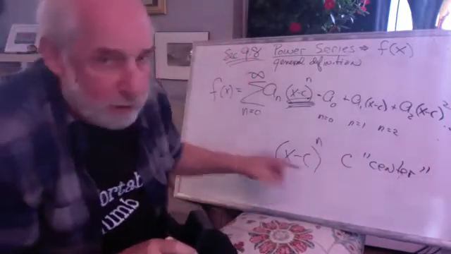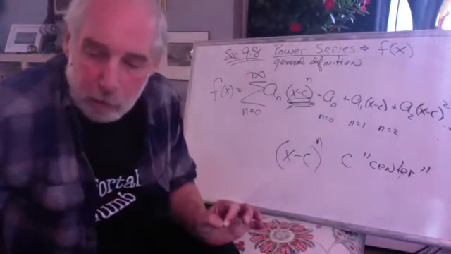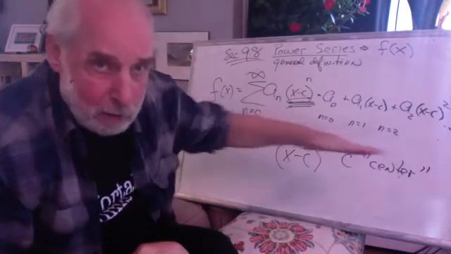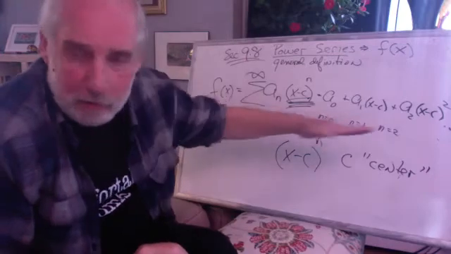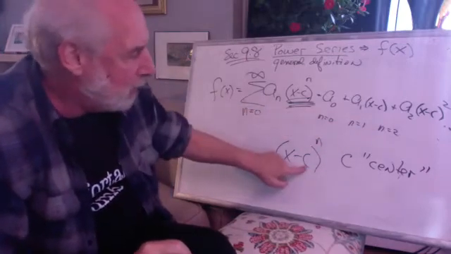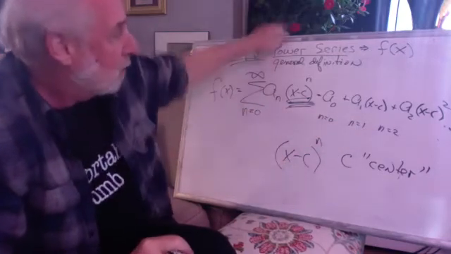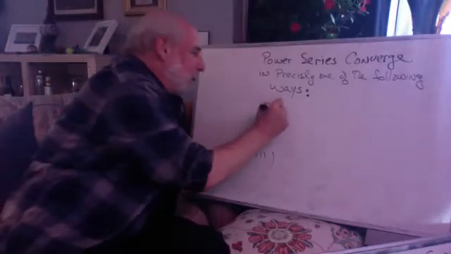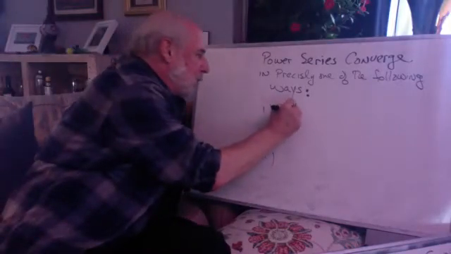The letter C stands for center. So when we're picking x values, we're picking a value off of the x-axis, the x number line, and the C is the center. So one of the ways is it converges only at the center.